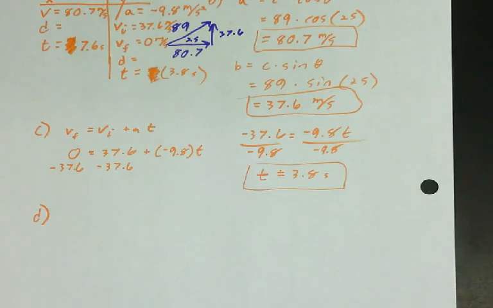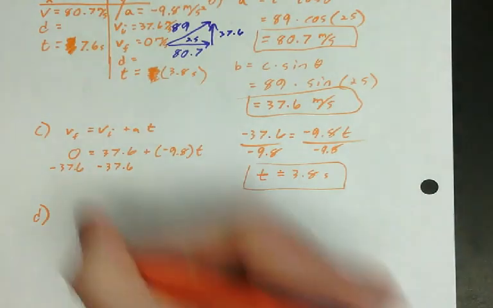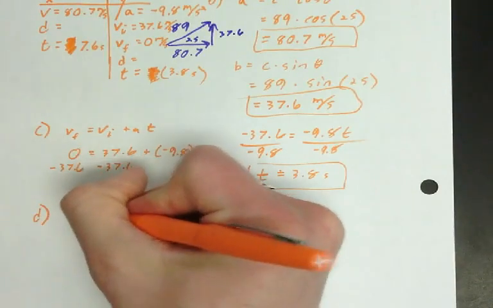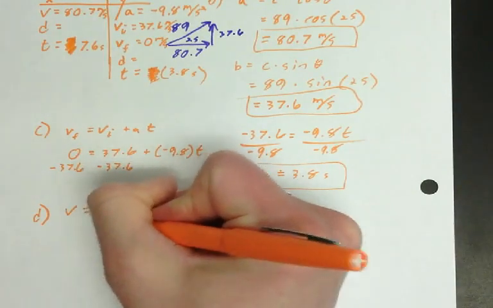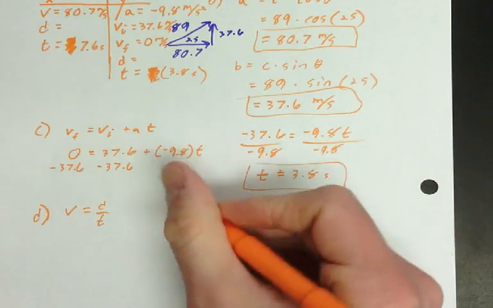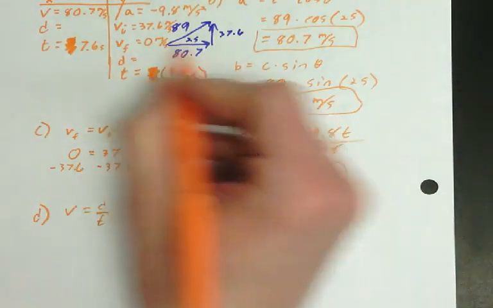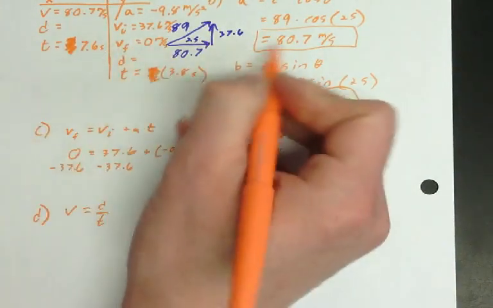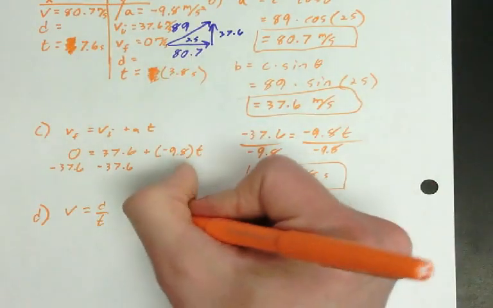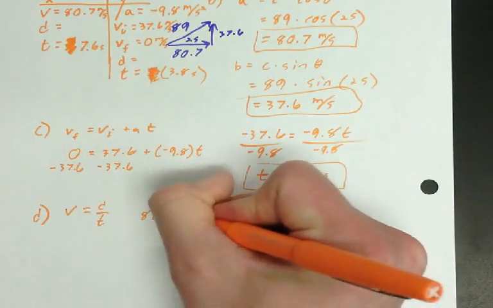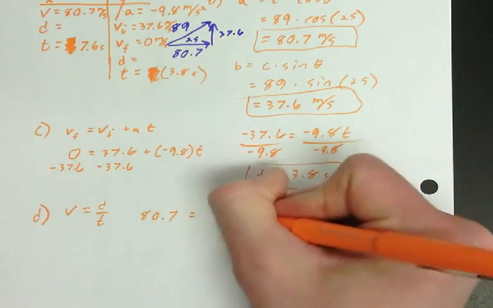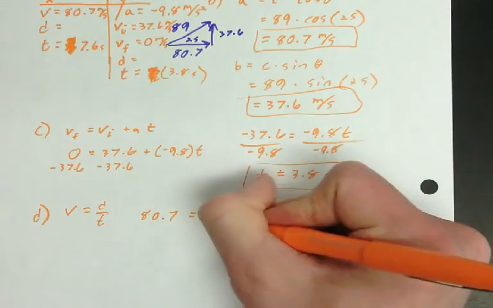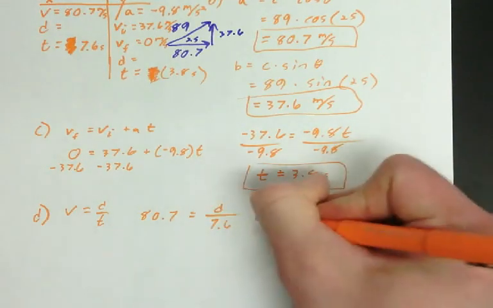Now I'm solving for the x direction. I look at my x equations. The x direction is constant, so the equation I'm going to use there is v equals d over t. I'm using the x velocity. I'm not using the y, I'm not using the 89. I'm using the 80.7. And that gives me the displacement that I'm solving for over time, 7.6.